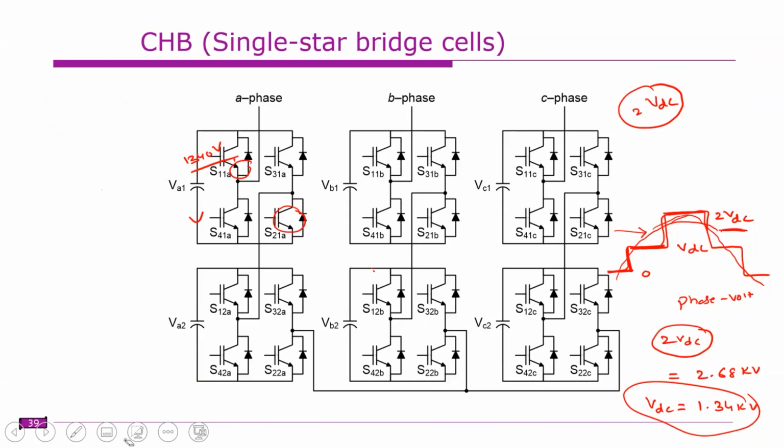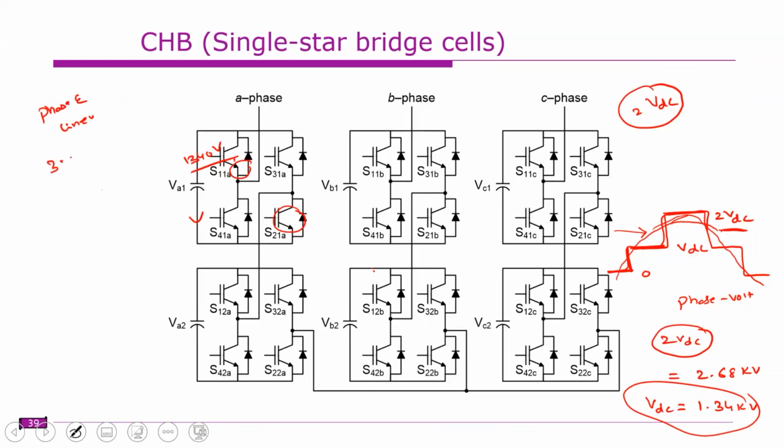So in case of delta connection, what is the advantage or disadvantage? In delta connection, the phase voltage and line voltage both are the same.